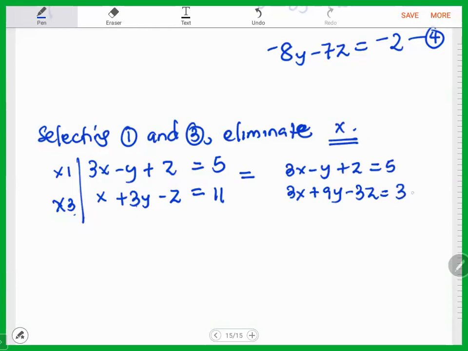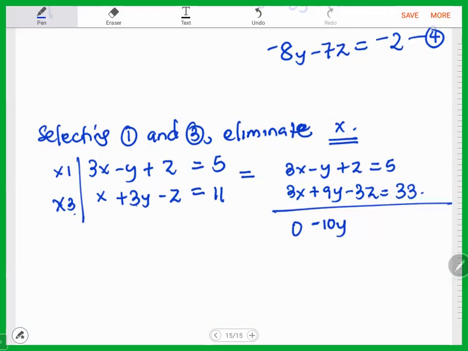We subtract. This comes to 0. Minus y minus 9y gives minus 10y. z minus 3z is minus 2z... 5 minus 33 is minus 28. And this is equation number 5.